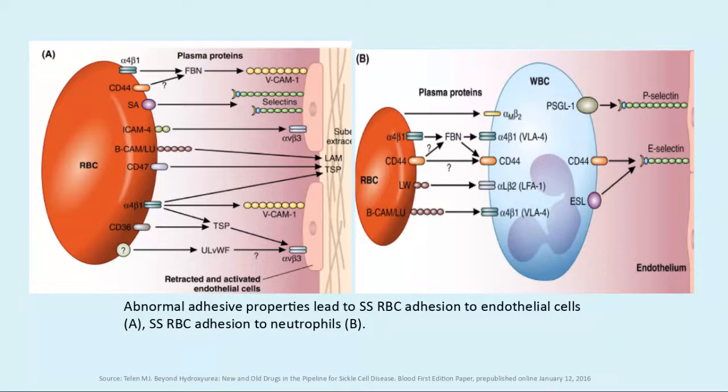Adding to this, the fact that many of the integrins and the adhesion molecules will be bound to the white cells, and then the white cells will be bound to the P-selectin and E-selectin of the endothelial cell wall. And all this complicated picture tells you that it is a very complicated mechanism that causes adhesion of the red cell and obstruction of the blood vessel wall.